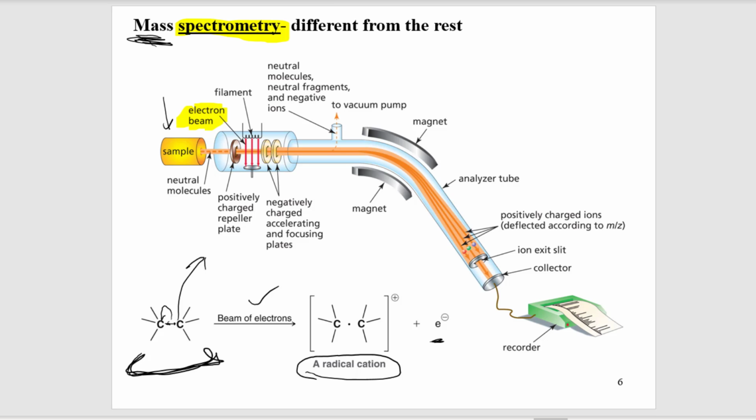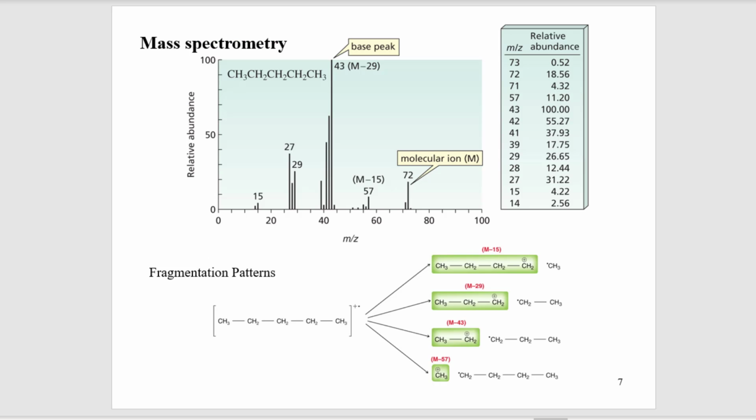Now, here's the cool part. If I have a molecule, let's say I have this molecule right here, 1, 2, 3, 4, 5. This is pentane, right? Now, what's the molecular mass of pentane? Pentane is C5H12.